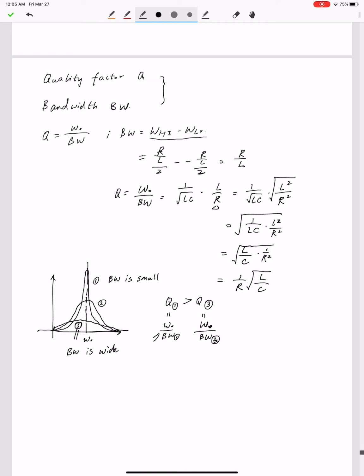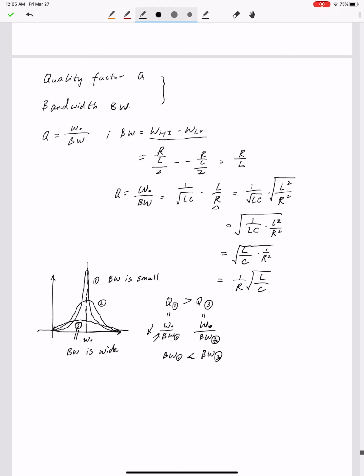The larger the bandwidth, the smaller the quality factor. And the bandwidth of the first filter is smaller than the bandwidth of the third filter, which means the first filter's quality factor is larger than the third one, correct?